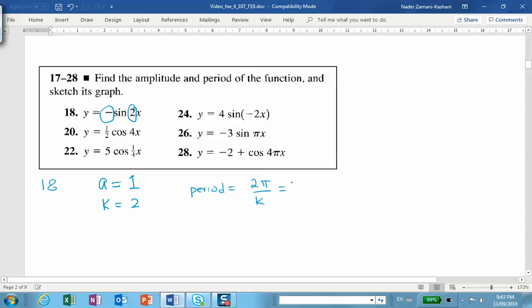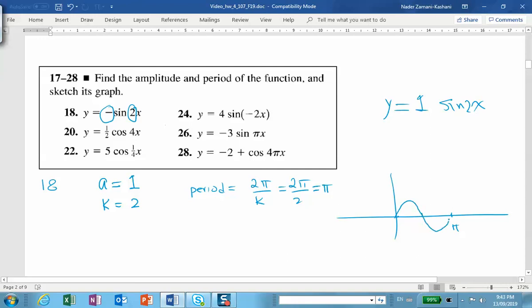So if I were to plot this thing from 0 to pi, okay, first notice that if I had y equal to 1 sine of 2x, not negative, 1 sine of 2x, then it would be a single sine wave fit in here with the amplitude of 1, a equal to 1.